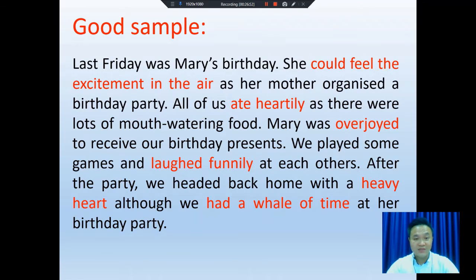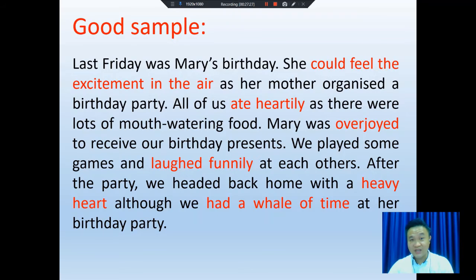Because her mother organized a birthday party, and we look at all those people who attended her party. All of us ate heartily as there was lots of mouth-watering food. Mary was overjoyed to receive our birthday presents. We played some games and laughed at each other. After the party, we headed back home with a heavy heart, although we had a whale of a time at her birthday party. So compare this paragraph with the previous paragraph. Do you notice the difference?